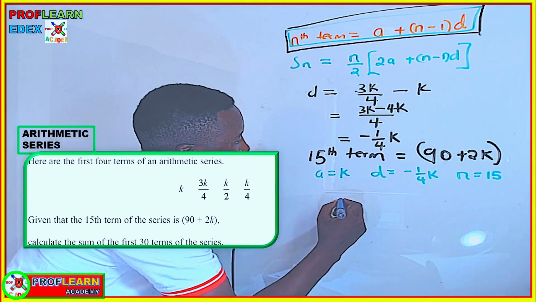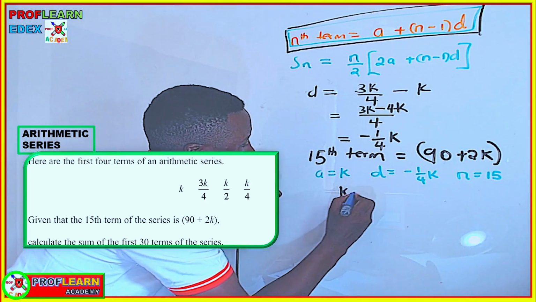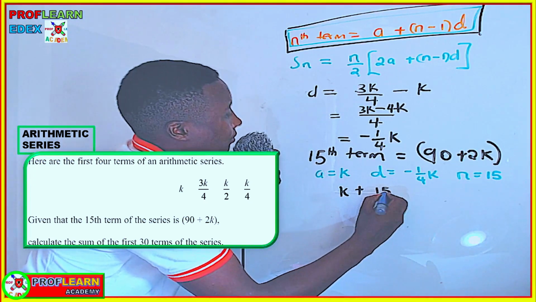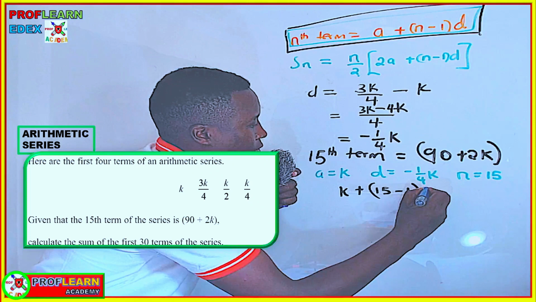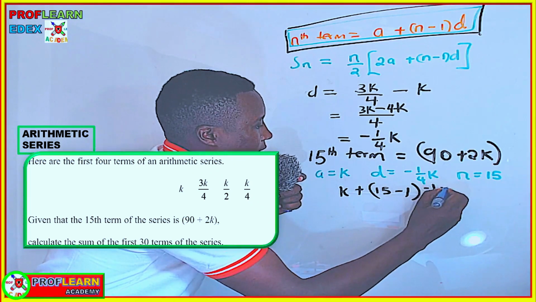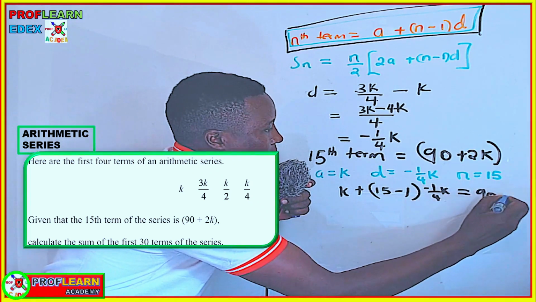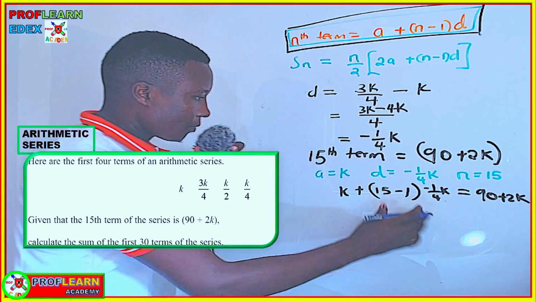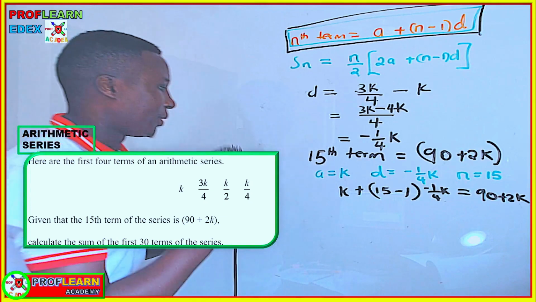So this is going to be a, which is k, plus 15, which is n minus 1, times the common difference, negative 1 over 4k, equals 90 plus 2k. We can open the brackets and put the like terms together.